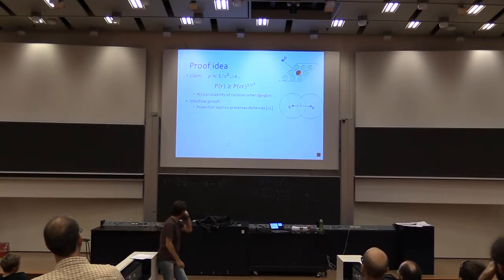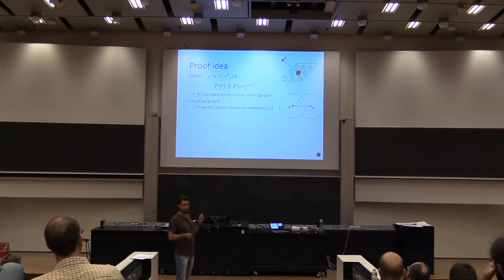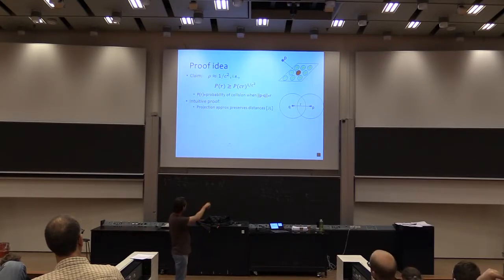Now let me argue how we compute this probability of collision, going back to how these hash functions are chosen. I didn't mention it, but these balls have some radius.